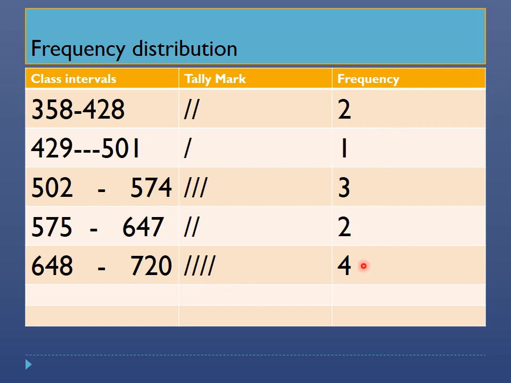But in this question, all our values are below 5. That's why we simply draw lines: if the frequency is 1, we draw 1; if 3, we draw 3 lines; if 2, 2 lines; and if 4, 4 lines.